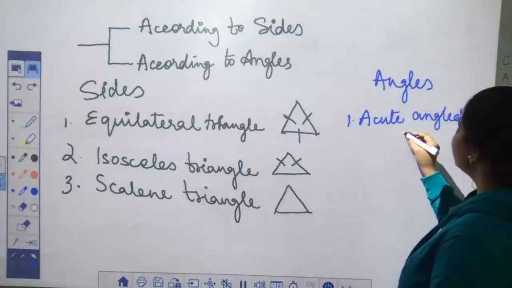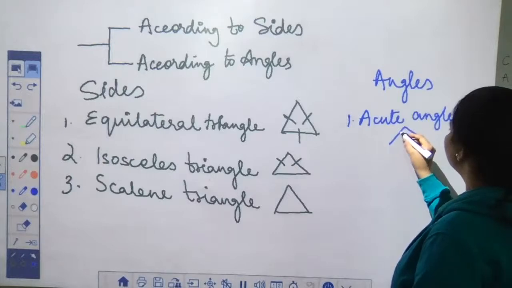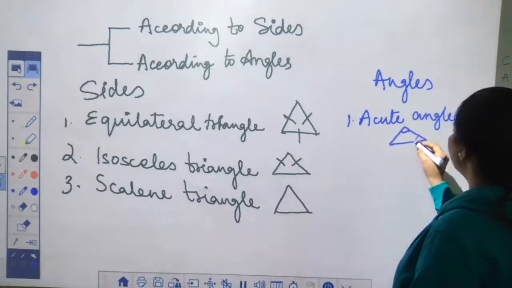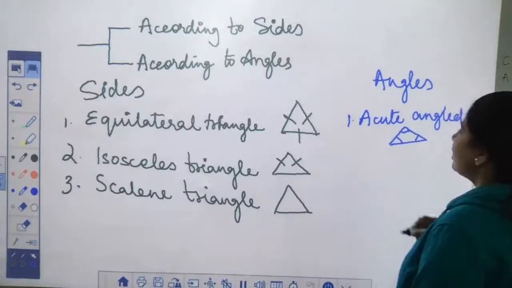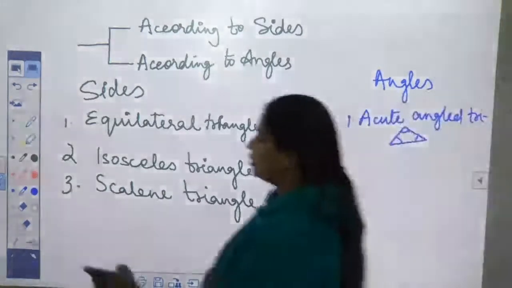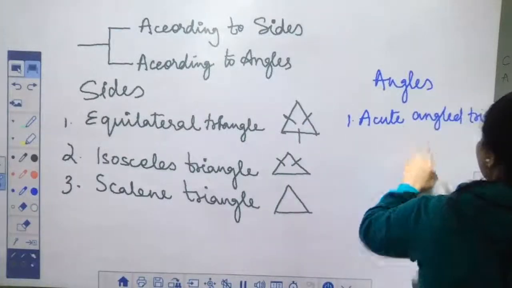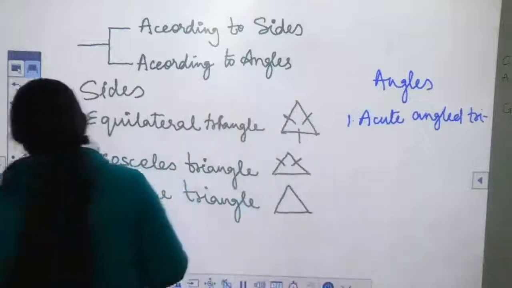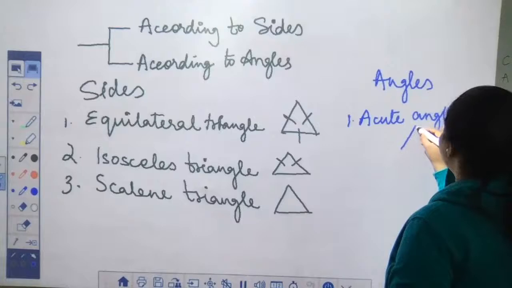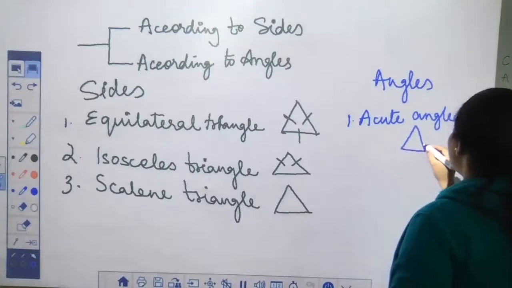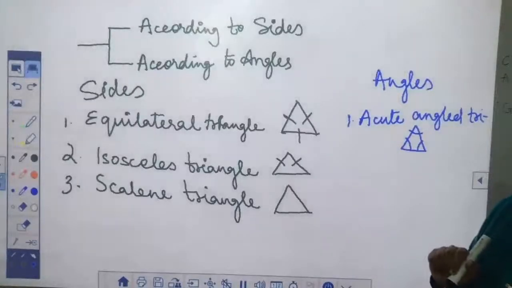Acute angle triangle is basically a triangle with all acute angles. All acute angles, it will be an acute angle triangle. Does this angle look obtuse to you? I want to draw it again. A triangle like this. See, 1, 2, 3. All angles are acute.